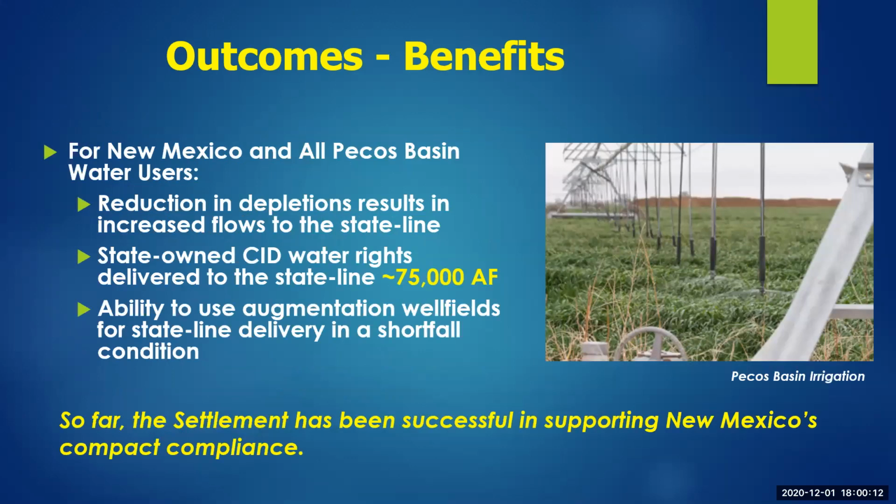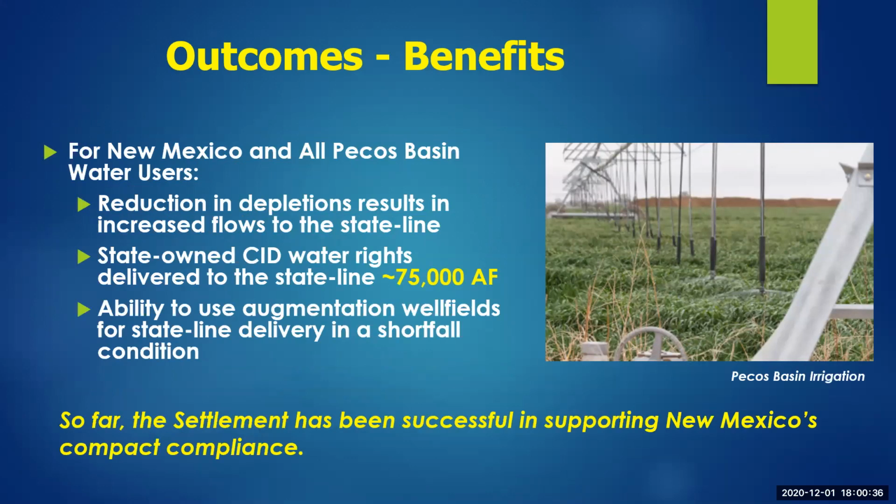In terms of benefits for the state as a whole, and the Pecos Basin as a whole, again, those reduced depletions are a benefit to users in various areas. Also, those increased flows contribute to state line delivery, helping ensure our compliance with the compact. The state-owned portion of the CID rights, when they have been required for state line delivery, were approximately 75,000 acre feet.